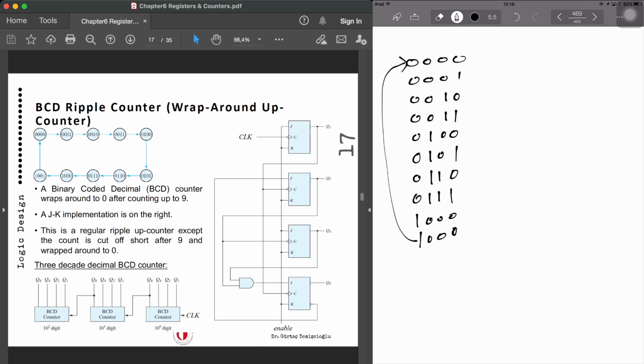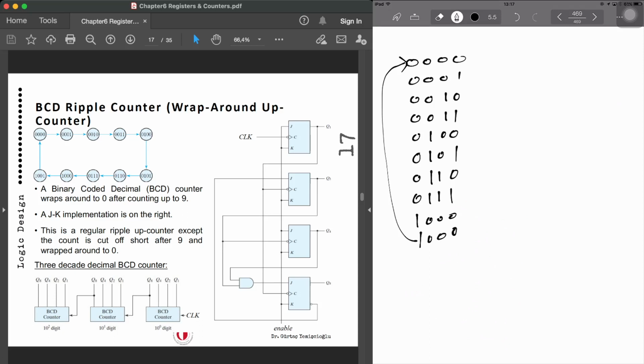Now, Q8 remains at 0 as long as Q2 or Q4 is 0. And when Q2 and Q4 become 1, then Q8 complements. Okay? So Q2 and Q4, as they are ANDed here, when they both become 1, then this is going to be 1.